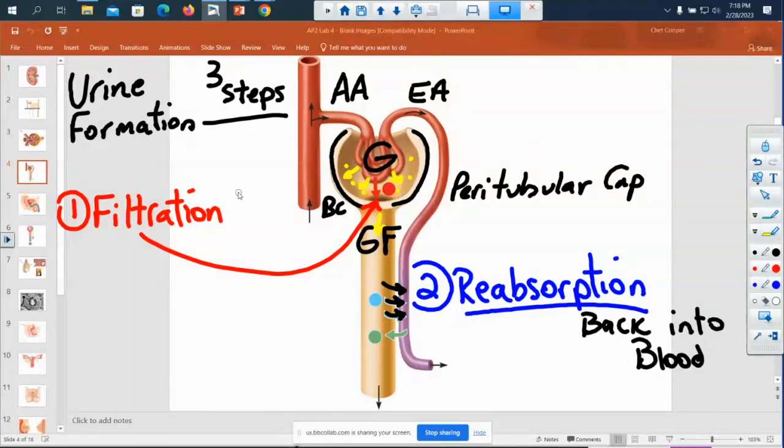Okay? Well, the crazy thing about this is we're going to pull stuff into the blood that maybe is still a waste product that we maybe don't need. So we have to fine tune it and we have to get rid of it.